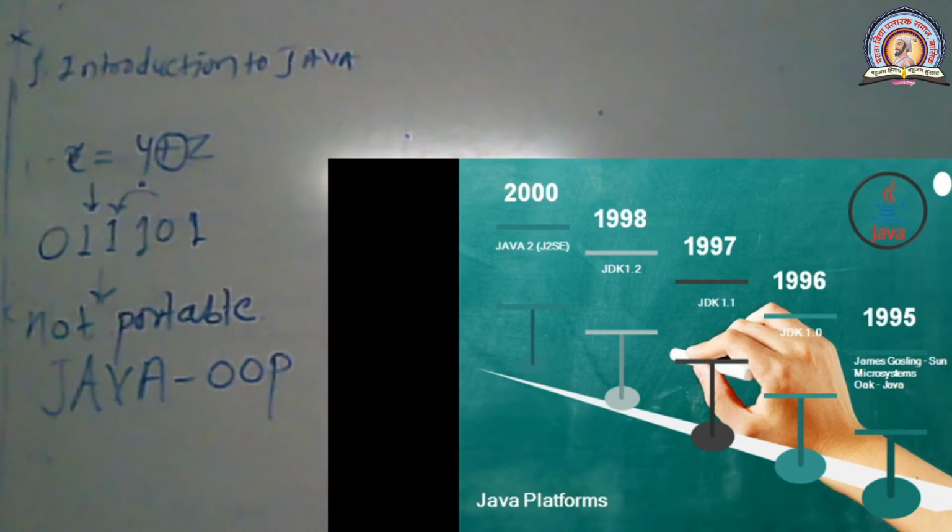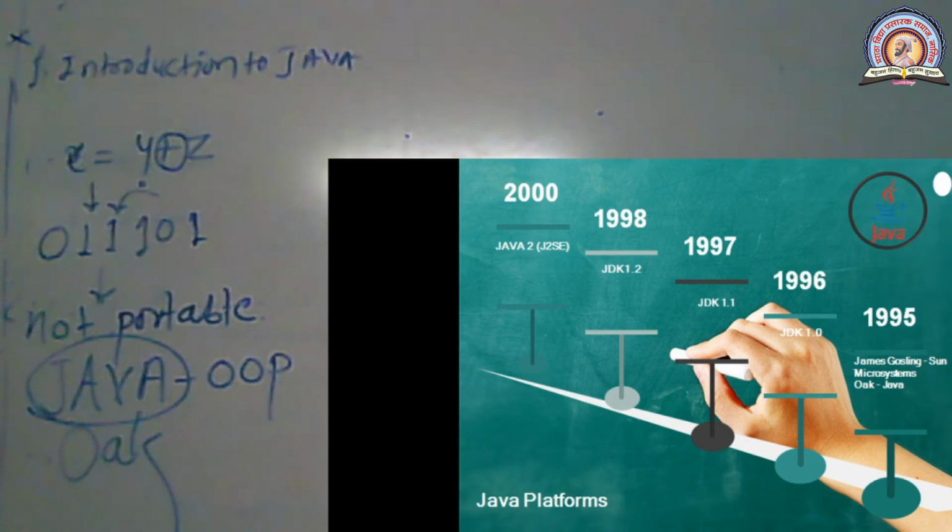In 1995, James Gosling and other researchers at Sun Microsystems invented one object-oriented programming language, and initially it was known as Oak, and afterwards it was renamed as what? Java.